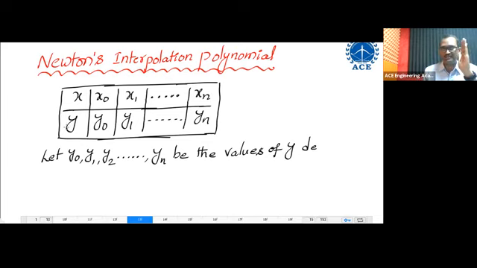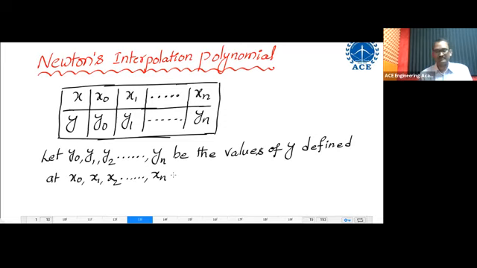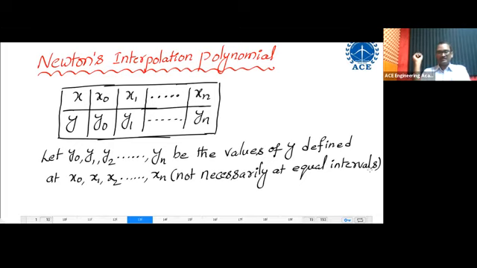Y or f of x mean the same. These are the values defined at the points x0, x1, and so on up to xn, not necessarily at equal intervals.